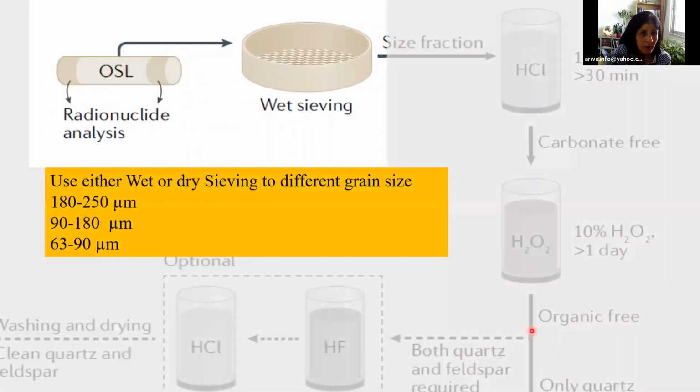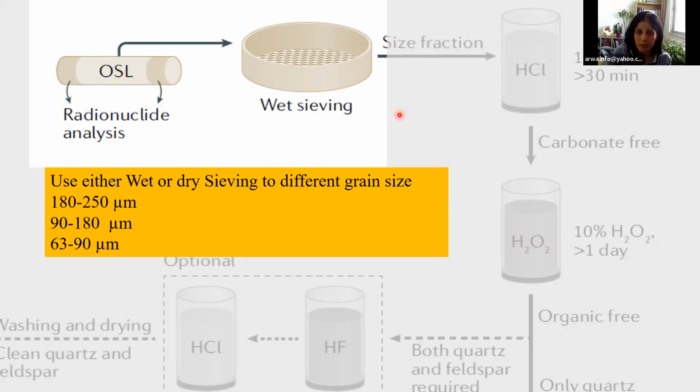First of all, if we are using tubes, we take the inner part of the tube. We expect that the ends of the tube have been exposed to light during the sampling process, so we avoid them and use only the inner part. The end part is only used for the radioactive element concentration measurements.